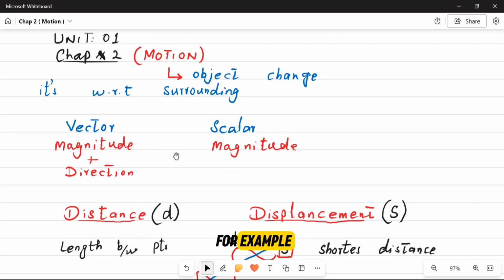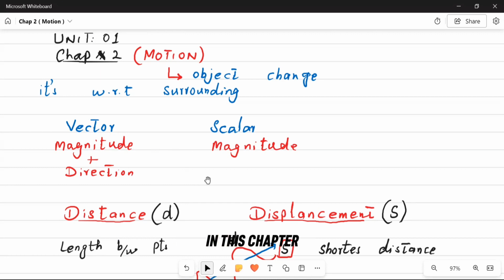For example, what is the distance between point A and B? It's 5 kilometers. It's a scalar quantity. So length is a scalar quantity. But if we ask the distance between point A and B and in which direction they lie, that is a vector quantity. So when we attach the direction with magnitude, that is called a vector quantity.